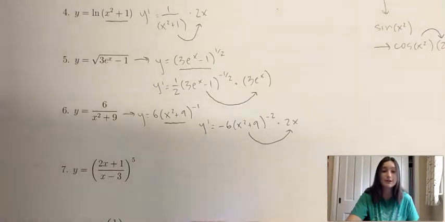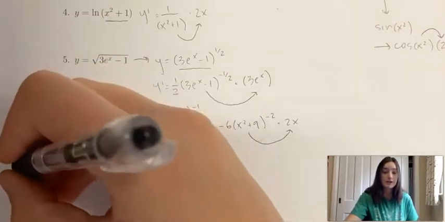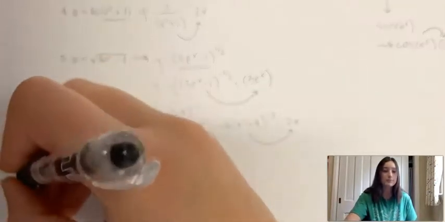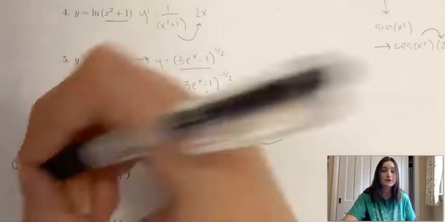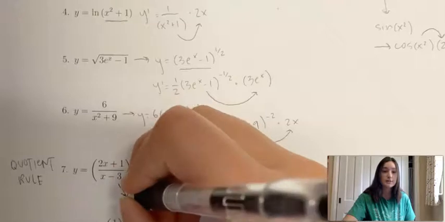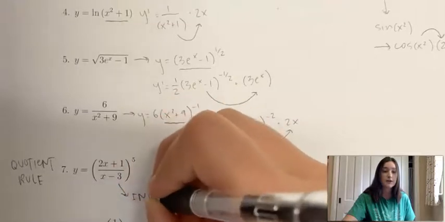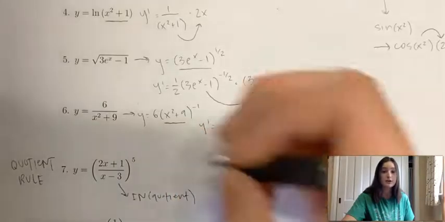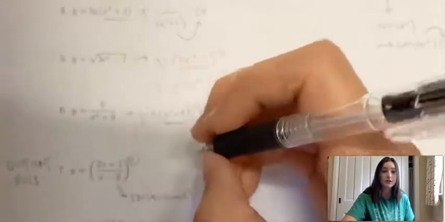And then on number 7, it's going to get a little bit trickier because we're mixing quotient rule with this problem. So the way that's going to work is we have our outside most function, which is going to be that exponent 5, but then the innermost function is a quotient rule because you have a fraction in there.